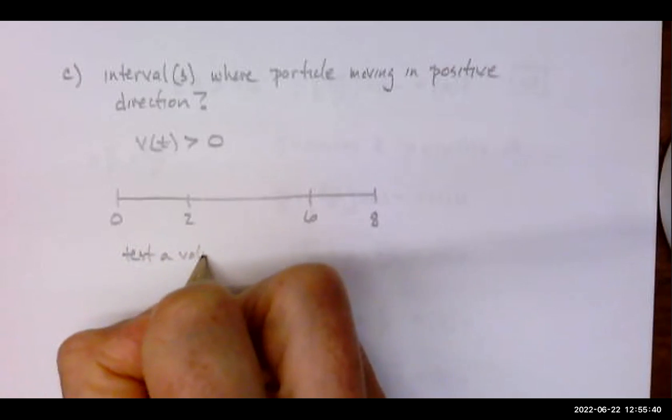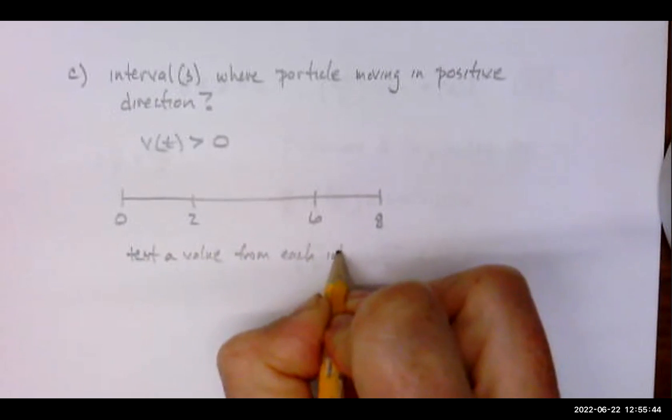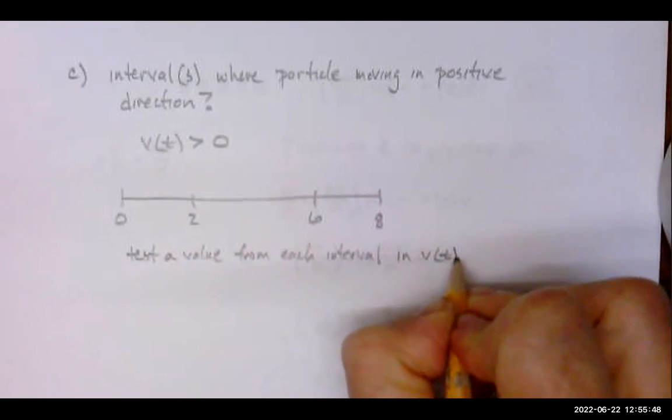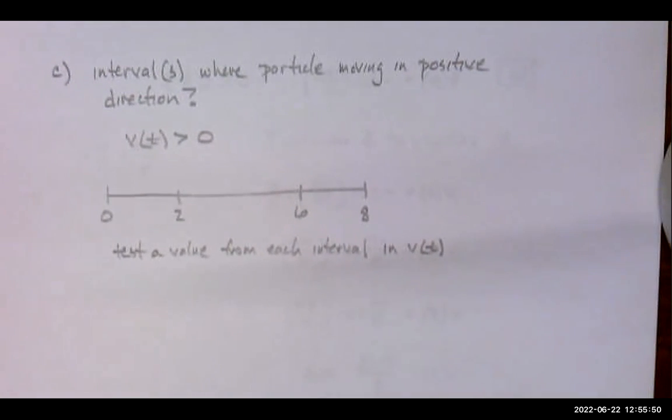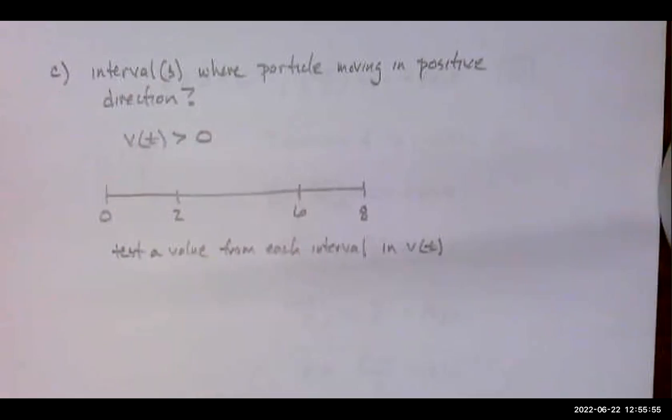So here's what we can do. Test a value from each interval in our velocity function. Let's just take a number from each one of these 3 intervals, plug it in, and see what happens. When is it positive? When is it negative?